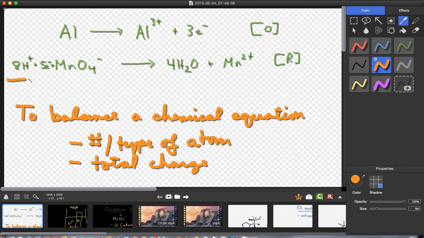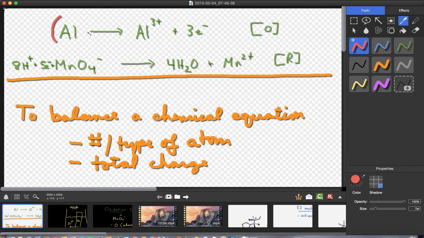But the problem is I don't have the same number of electrons that are transferred in the oxidation half reaction as compared to the reduction half reaction. So what I simply need to do is find the least common multiple. Least common multiple of 3 and 5 is going to be 15. I want to multiply the top equation by 5, and then I want to multiply the bottom equation by 3.